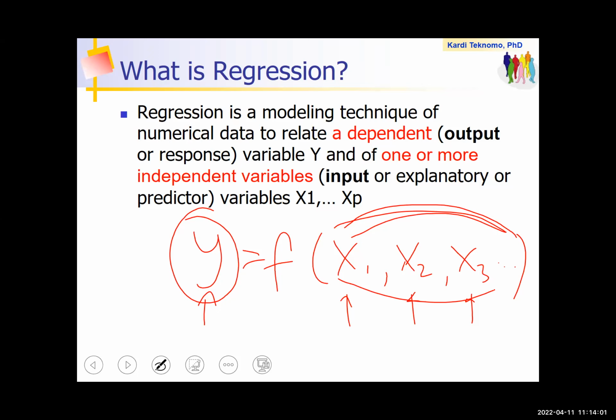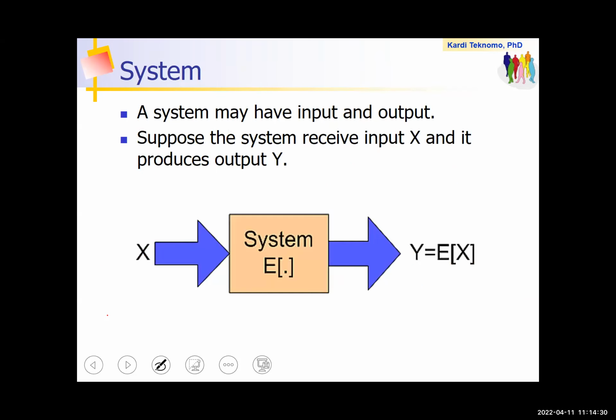But the output y must be numeric. This is very important because later on we will have what is called classification. In classification, the output y is categorical. That's the difference.